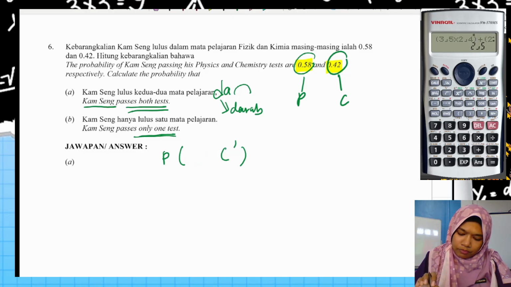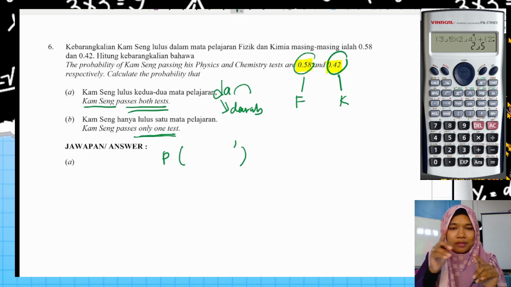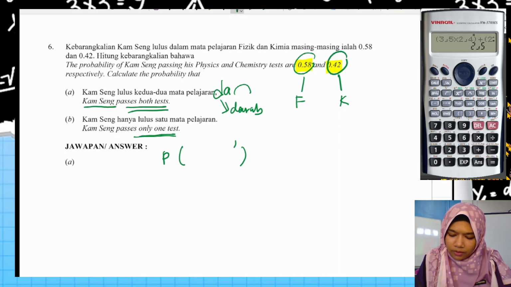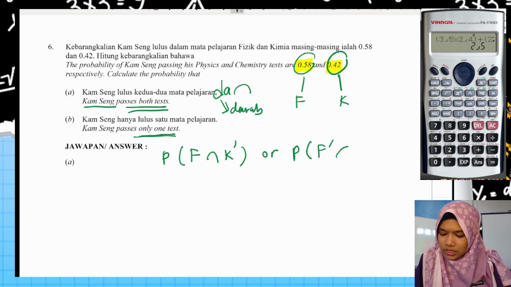Okay, kita guna F dengan K lah, untuk supaya nak bezakan P probability tu. Okay, physics pass and chemistry not pass. Or probability physics not pass, chemistry and chemistry pass.